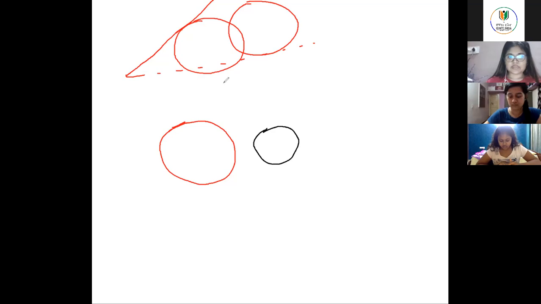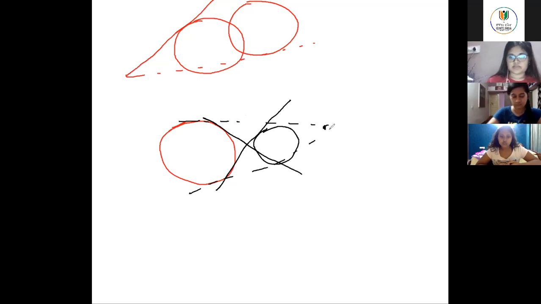Now, these are not touching each other, correct? So the tangents possible will be like this also. I'm sorry if it is looking like a chord, but I'm trying my best to draw a tangent. So this can be two of the tangents, and this can be two of the tangents like this.